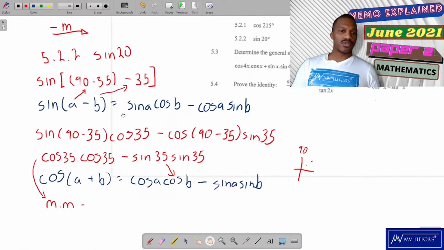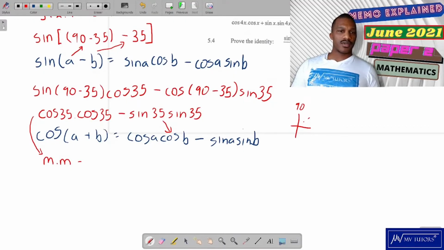Put it in brackets. Open a square root, 1 minus m squared. Close it, open another one, sine 35 again, same thing, square root of 1 minus m squared.